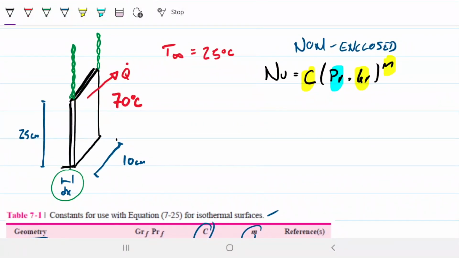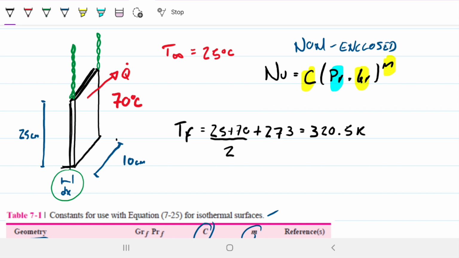Let's start by finding properties, and I want properties at T film, and I know T film is 25 plus 70 divided by 2. This is air, so properties are given in Kelvin, so I want to add 273 to that. So T film is 320.5 Kelvin.